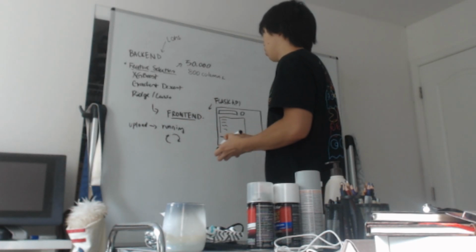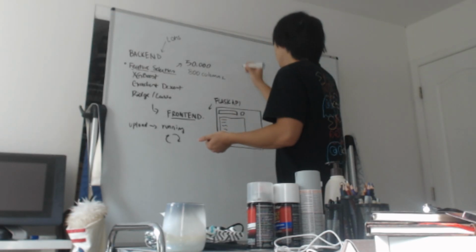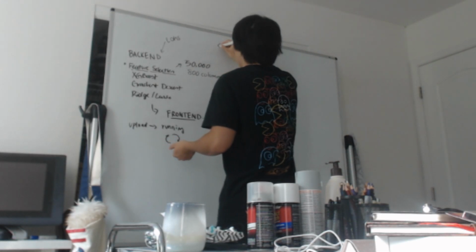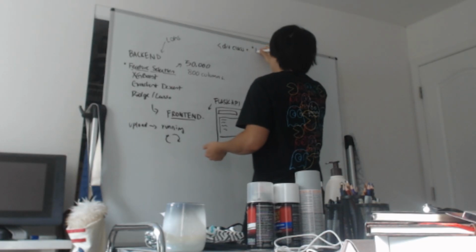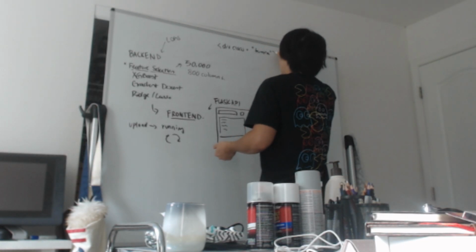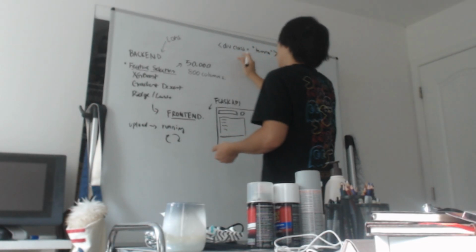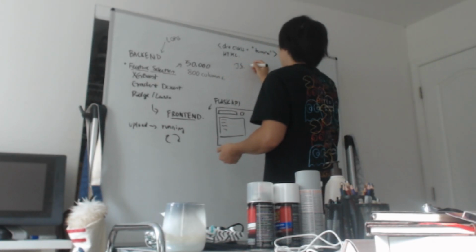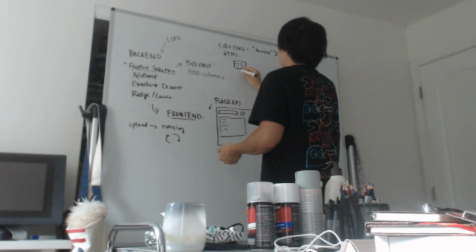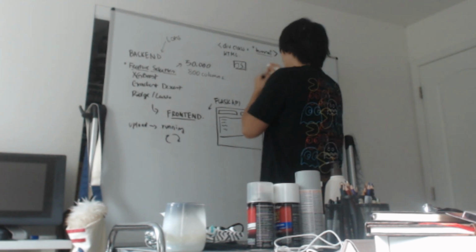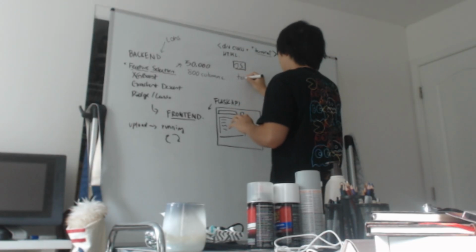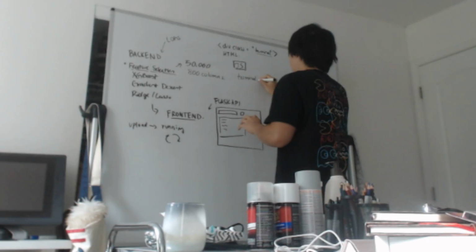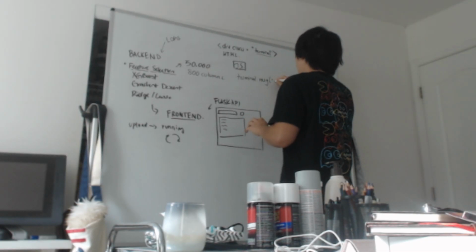You create a div class, which I named terminal, in HTML, and then you use JavaScript to send information to the terminal class object, using something like terminal dot message, blah blah blah.